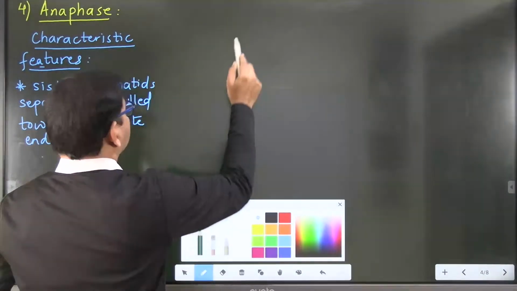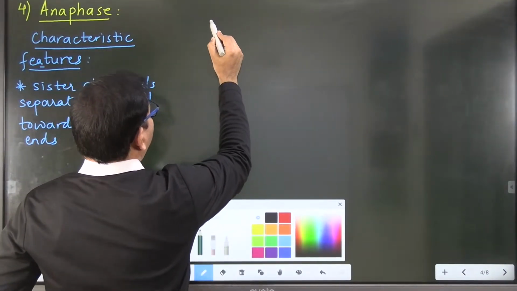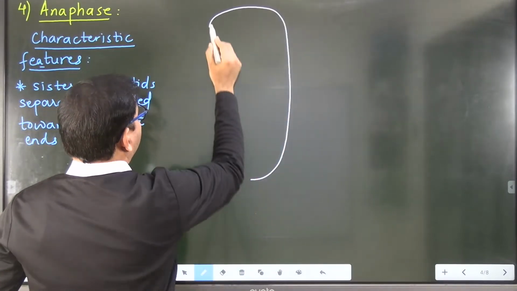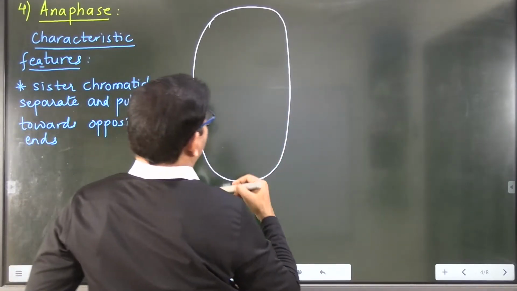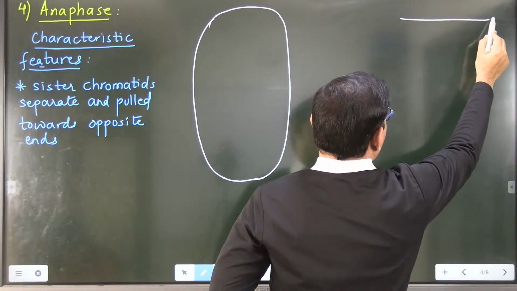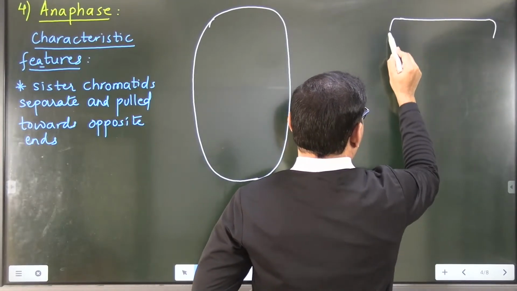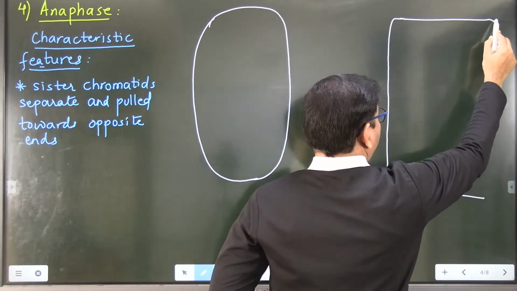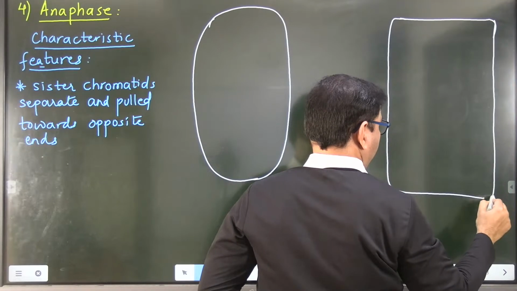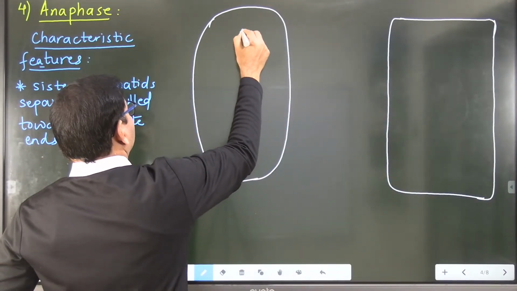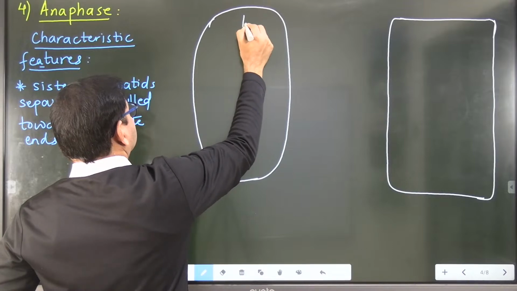As usual, first comes the animal cell, then comes the plant cell. Okay, exclusive parts, centriole, esters.